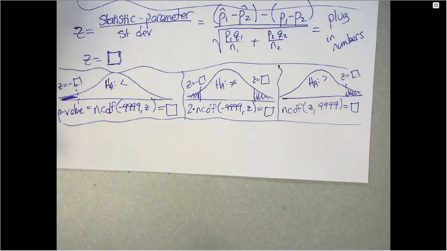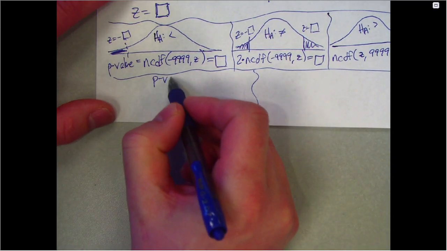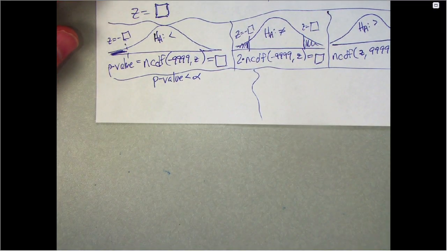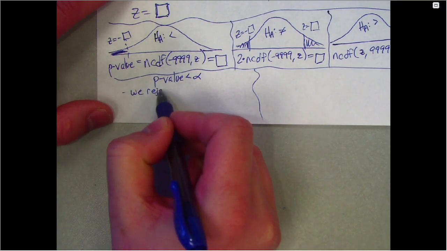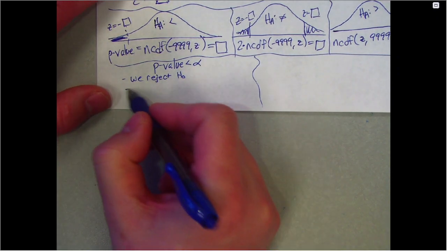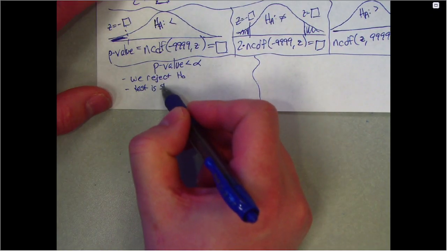So then I got my 2 possibilities for the conclusion. If your p-value is less than alpha, then reject H0. The test is statistically significant.